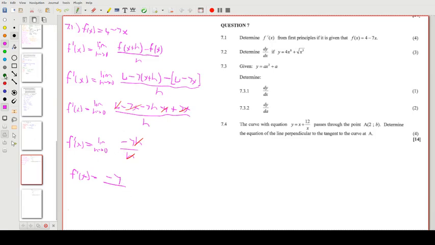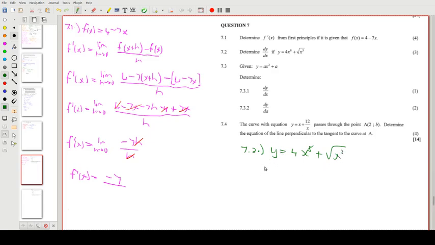Now 7.2 I'm just going to do below here. 7.2, we're told to determine dy dx if y equals 4x to the power 8 plus the square root of x cubed. So I'm just going to write down y equals 4x to the power 8 plus the square root of x cubed.